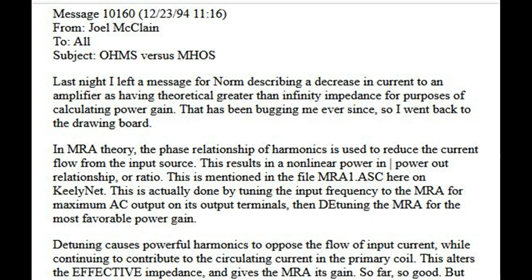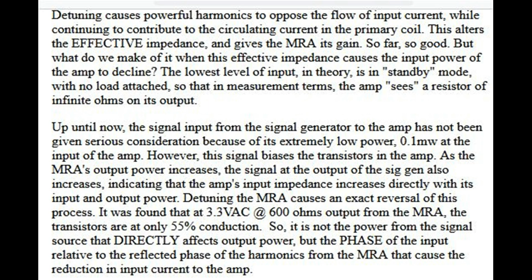This alters the effective impedance, and gives the MRA its gain. So far, so good. But what do we make of it when this effective impedance causes the input power of the amp to decline? The lowest level of input, in theory, is in standby mode, with no load attached, so that in measurement terms, the amp sees a resistor of infinite ohms on its output.